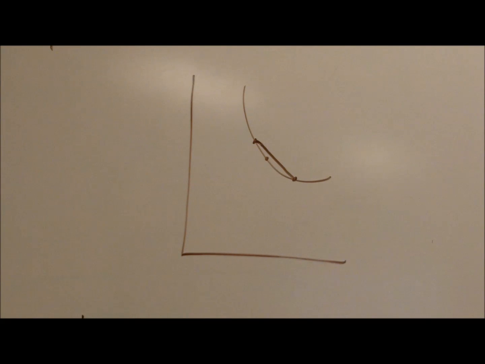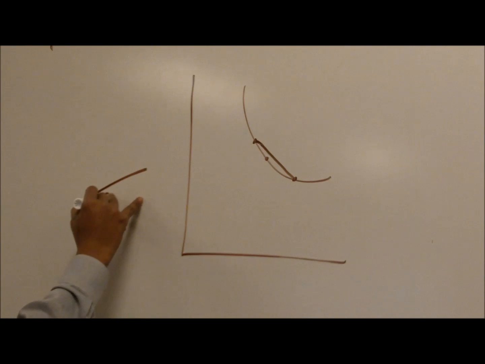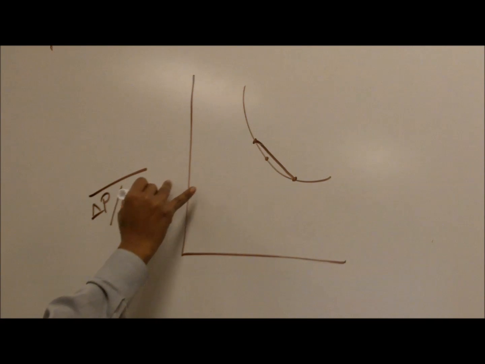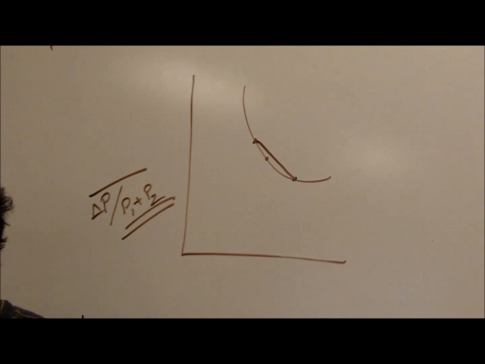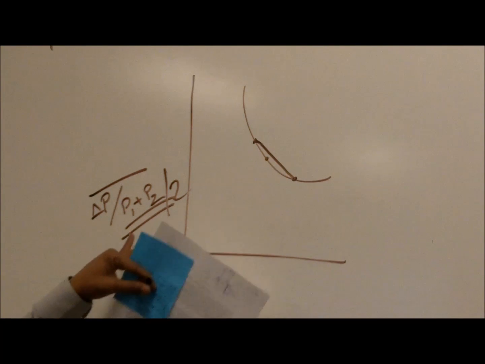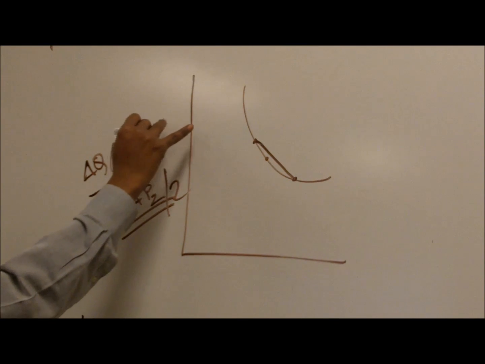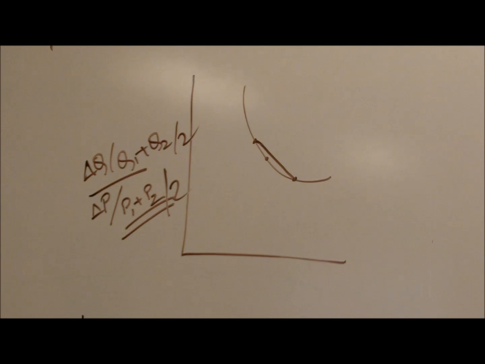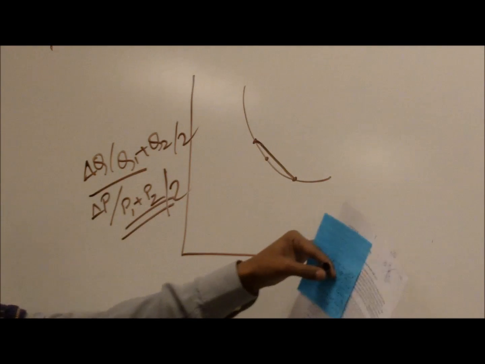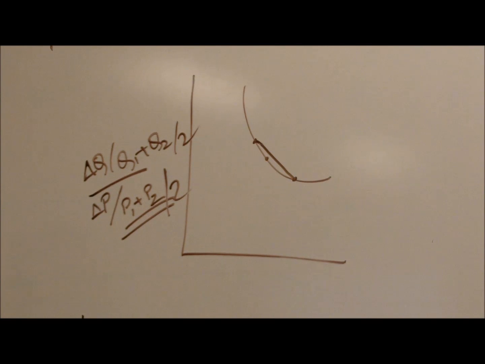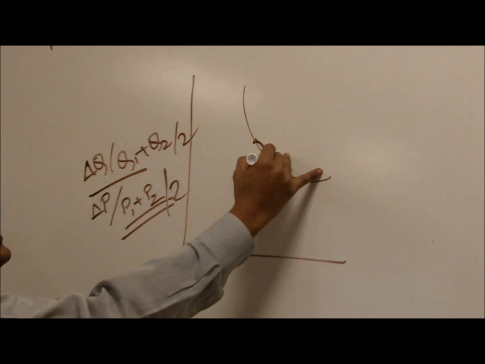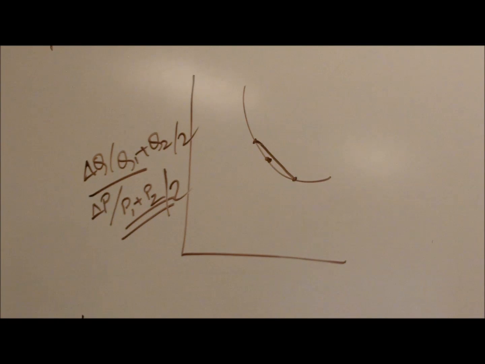So in arc elasticity formula, you will see that delta P by P1 plus P2. Instead of one single price, P1 plus P2 divided by 2, we take the average of 2 prices to get the average price. So in the numerator, Q1 plus Q2 divided by 2. So in arc elasticity formula, we can think that the curve is not linear, it is curvilinear. So getting average value, we tend to average the 2 points and get the average value for that. So this is the formula.